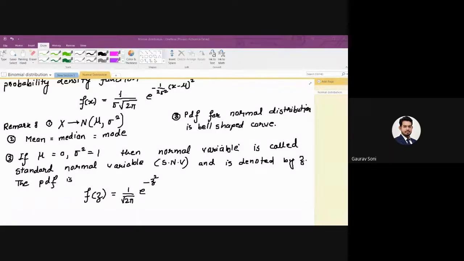So by this transformation, what is the transformation? I'm substituting z is equal to x minus mu by sigma.